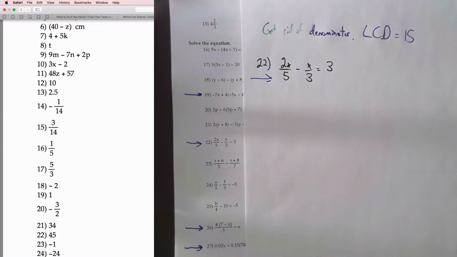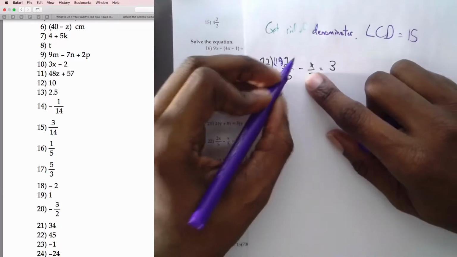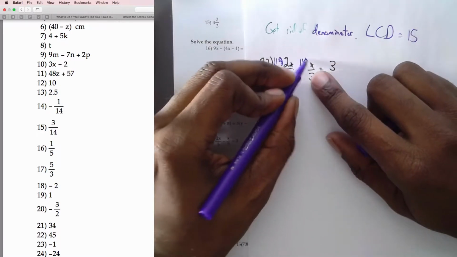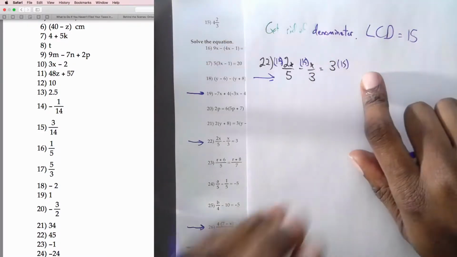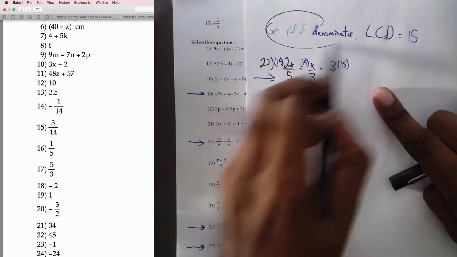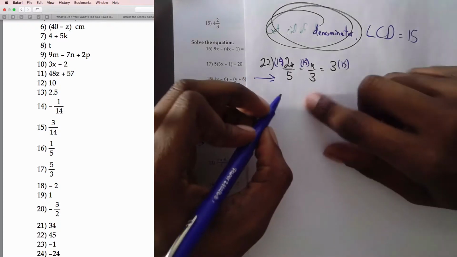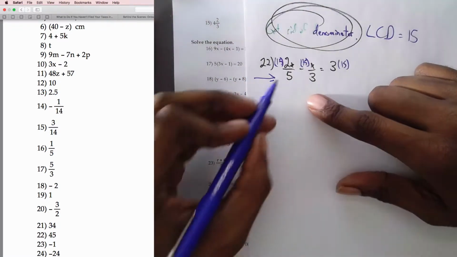So what you're supposed to do is you take that 15 and you multiply each term by the 15. But remember what we're supposed to be doing. Our goal here is to get rid of the denominator. That's why we're doing that with the 15. Okay, so here, let me rewrite this so you can see it easier.